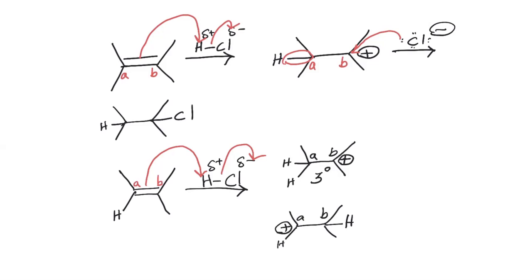we get, what type of carbocation is this? Write it down. It's a secondary. Which one is more stable? Tertiary, okay? So which one forms faster?